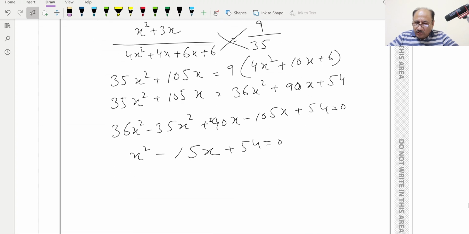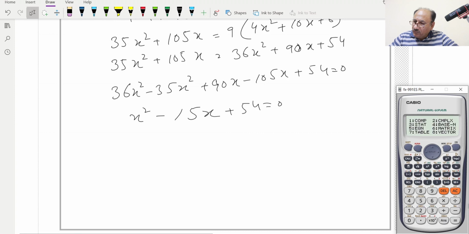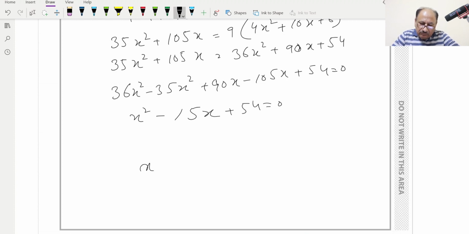We found the quadratic equation. Now we can solve this one. The coefficient of x squared is 1, the coefficient of x is minus 15, and the constant value is 54, and this will be giving 9 and 6. So we can write here x minus 9 and x minus 6 is equal to 0.